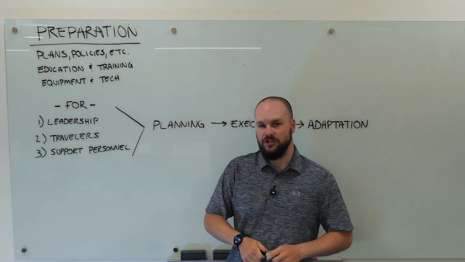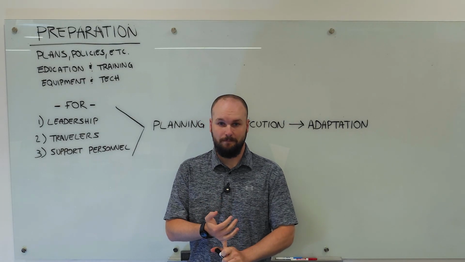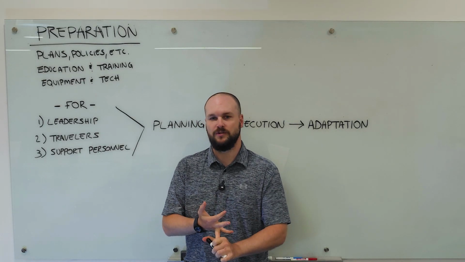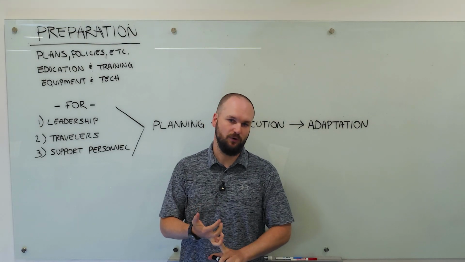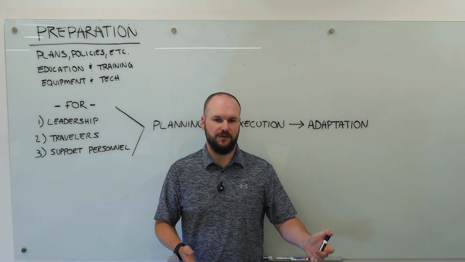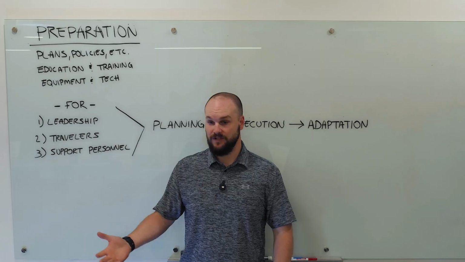Equipment and technology. This has everything to do with the things that your travelers require to have with them, as well as those technologies that, and this is a big term, but those things that help us support the program as well. So this isn't the complicated thing, but travel management software, travel risk management software.